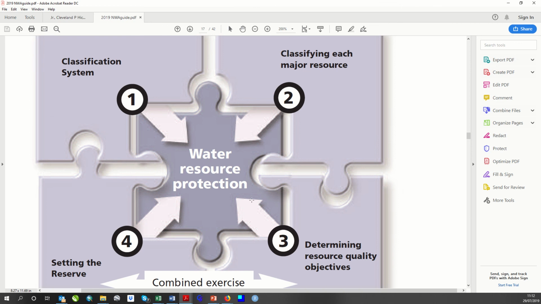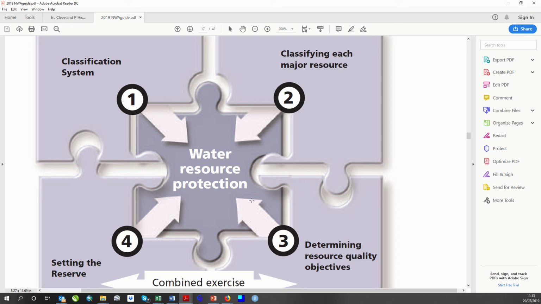Okay, so water resource protection has got three, they've drawn it like a puzzle. Can you see here? If you want to solve the problem of sustainable water resource management, you've got to put all these pieces together. If you want to protect this water resource, you cannot do it without the classification system, classifying each resource so you know how to do it.